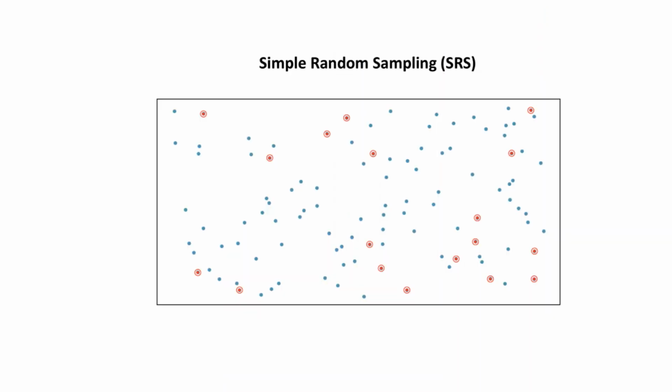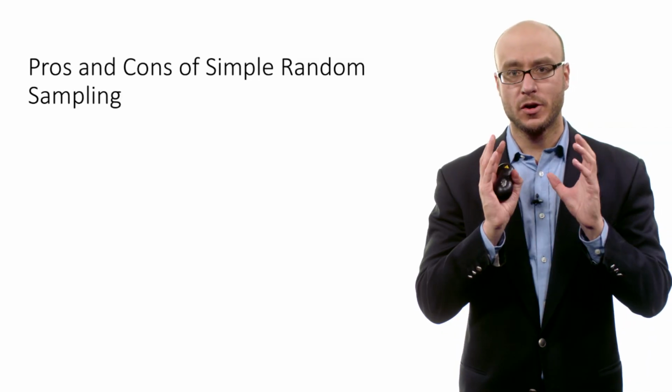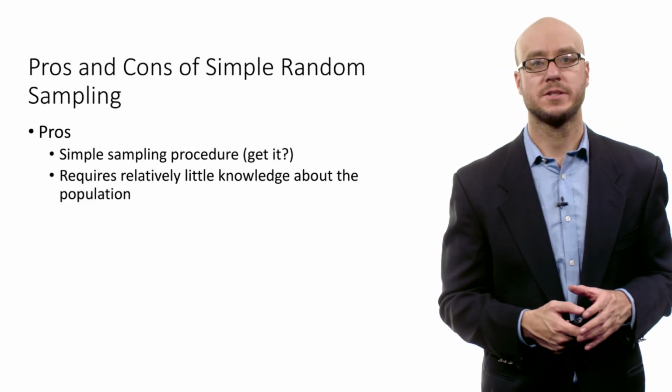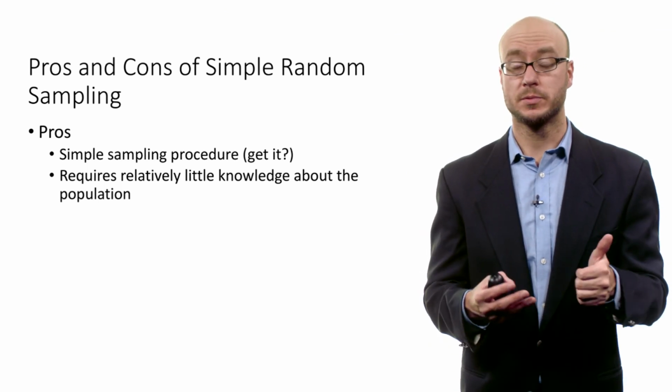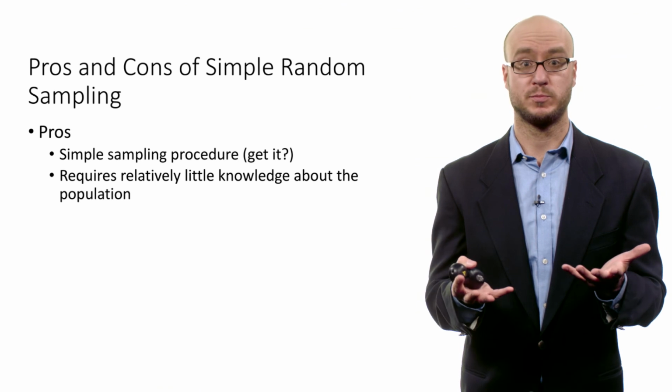So this is what simple random sampling looks like. All those blue dots are all the elements in the population, including those red dots. And then those red dots are those cases that have been randomly selected. That's our sample. Now, there are pros and cons of simple random sampling. The pros, first of all, it's a simple sampling procedure. Okay, so it's straightforward.